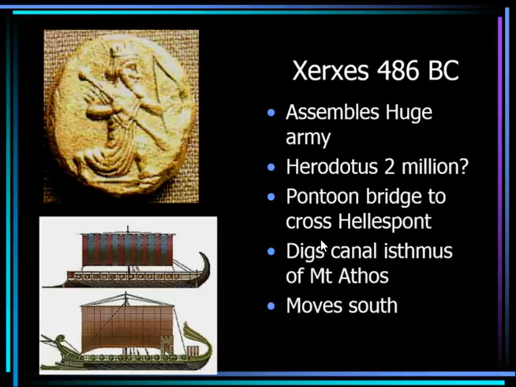An advance team, the Army Corps of Engineers equivalent, to go, and they dug a canal so they wouldn't get trapped in some bad waters there in the north, in Macedonia. And they built a pontoon bridge across the Hellespont.